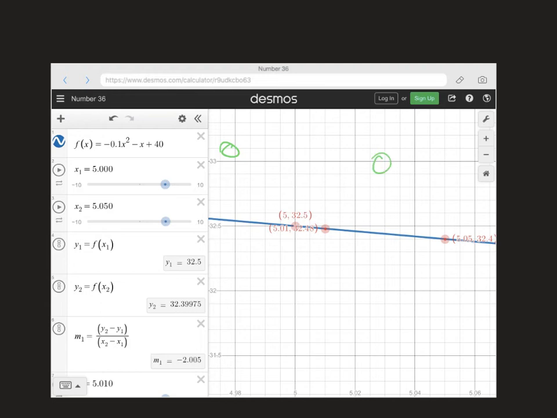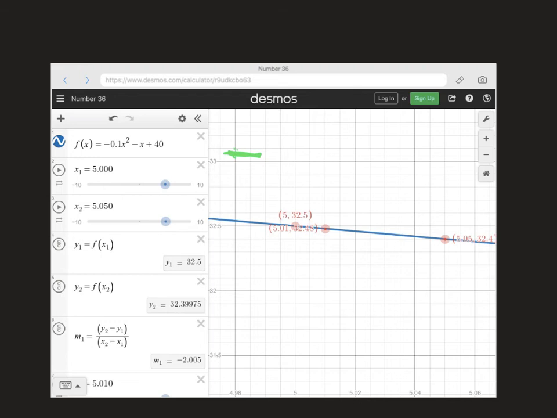Here's the 5.05 value. We're connecting those dots and then just computing the slope. For the second calculation, we do the same thing, but we bring that point closer to 5.01, and we're calculating the slope between these points, as if we just connected them with a segment. So we were just calculating slopes when we did those calculations.